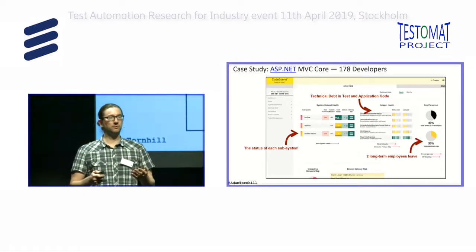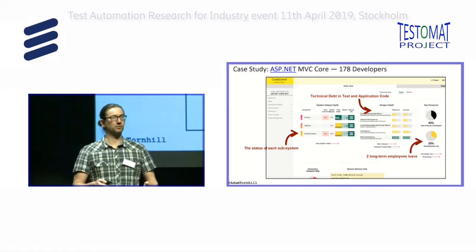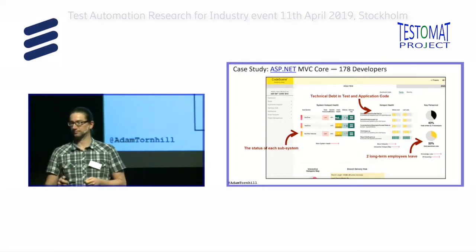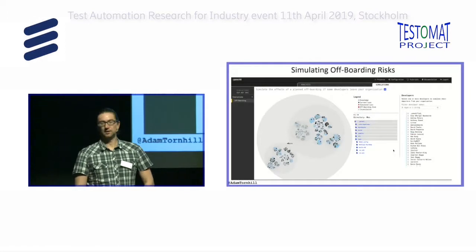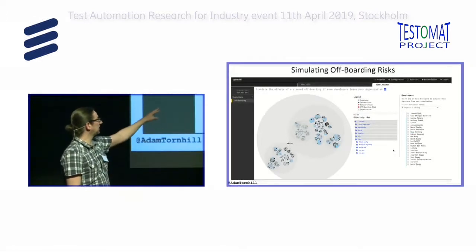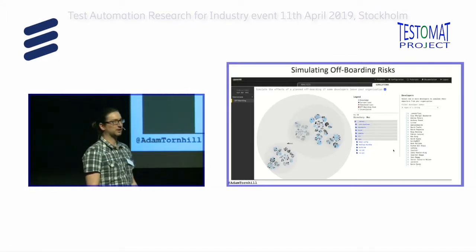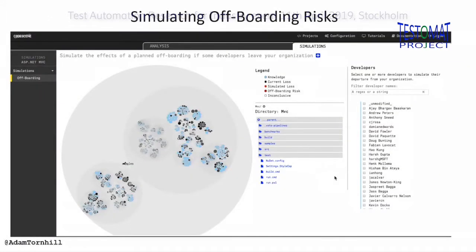So what we want to do is to be a little bit more proactive so that we can mitigate such risks. Let me show you how that works. What you see here is a visualization of the same code base. This is a hierarchical visualization, so each one of those circles represents a subfolder or a package or a component inside that system.